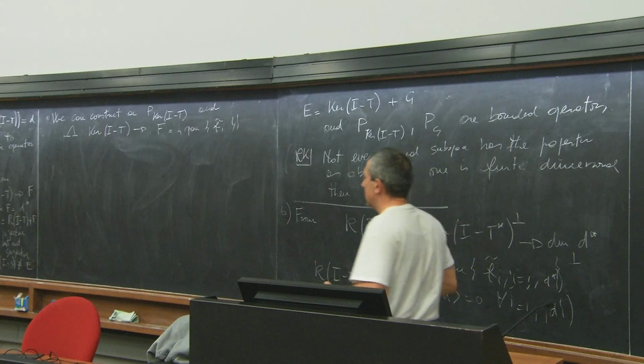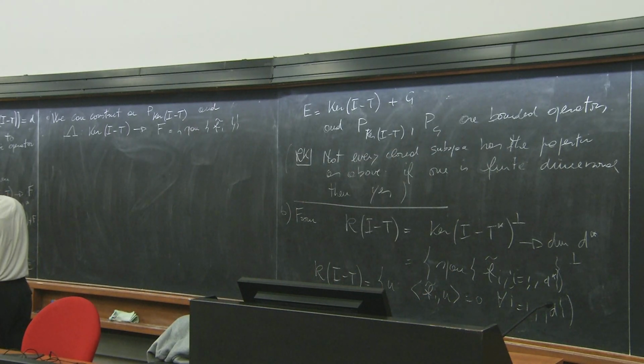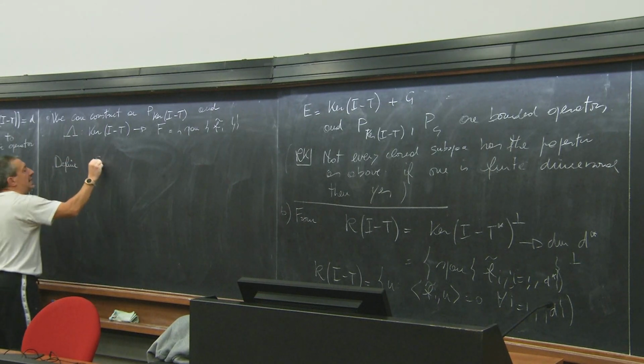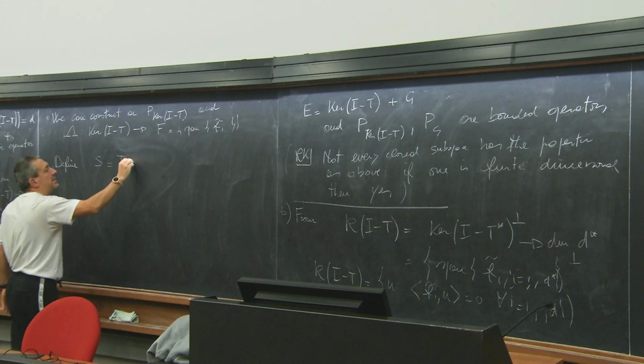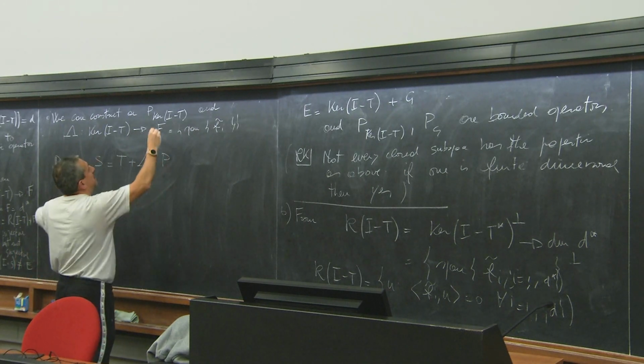Okay, and then if we go back, I'm happy because now I have all the tools I need for defining the operator. So define S is T plus lambda composed with P_kernel.